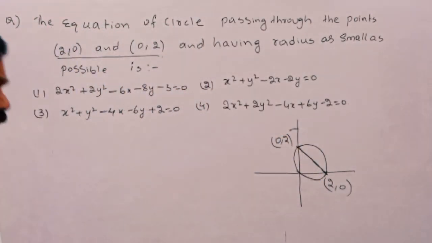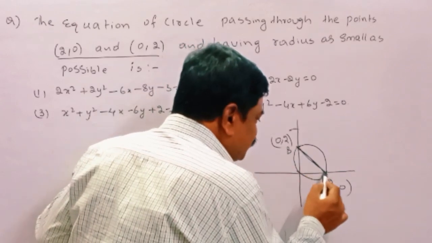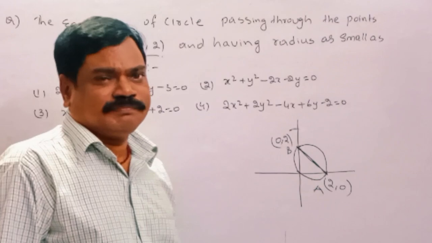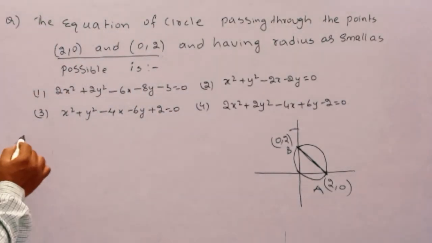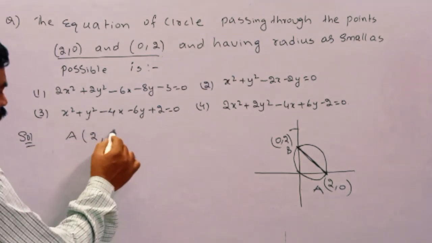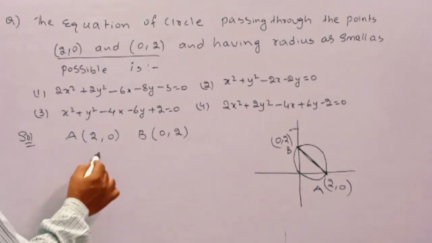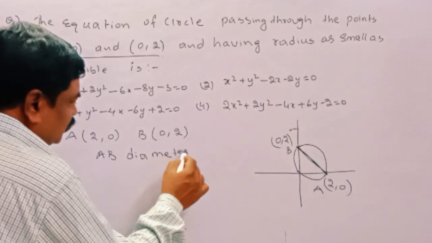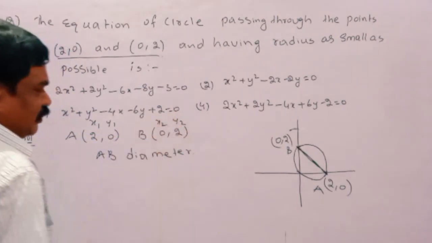It means these two points are two extremities of the diameter of the circle. Suppose A is (2, 0) and B is (0, 2), with AB as diameter. This is x1, y1 and this is x2, y2.